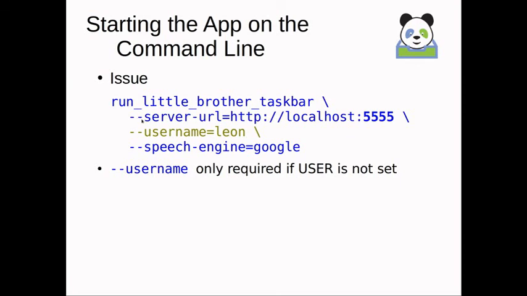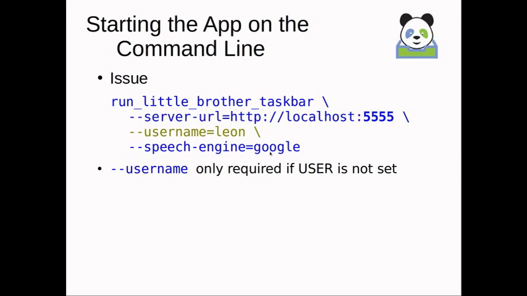We need the parameter server URL because we have to tell the system where Little Brother is. It's on the localhost using the default port 5555. This might be something that you will have to change depending on your Little Brother installation.